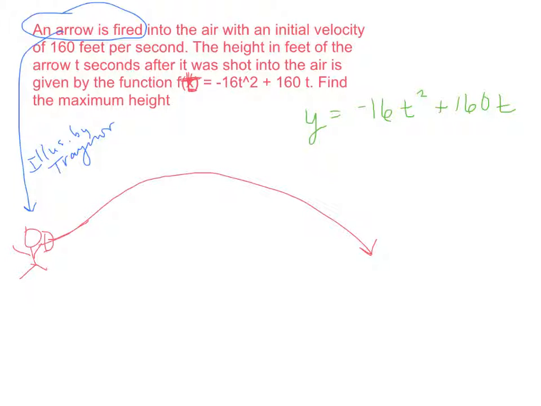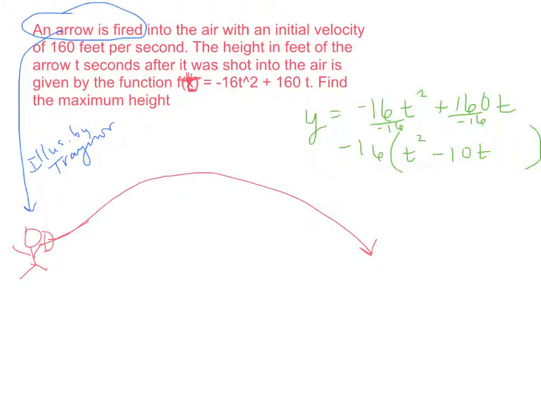I got to factor out that negative 16. Remember, when you factor out, you're dividing everything by what you took out. So 160 divided by that negative 16 gives me negative 10 t. And leave a space. From work, I remember last week a lot of you were factoring the number out but forgetting to divide both of these by that number.